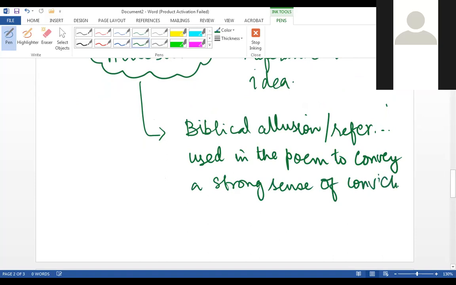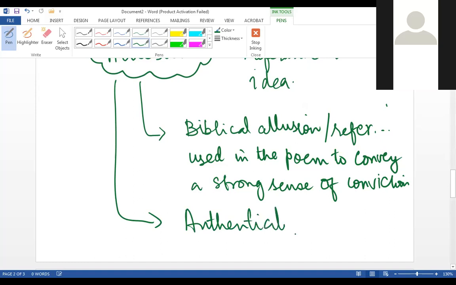Like when people quote, for example, our Prime Minister Imran Khan uses a lot of allusions. A lot of times he says Hazrat Umar, may Allah be pleased with him. He quotes it within his speeches. So what is he doing? He's giving a lot of references from our holy book. And why? Because it gives more authenticity.